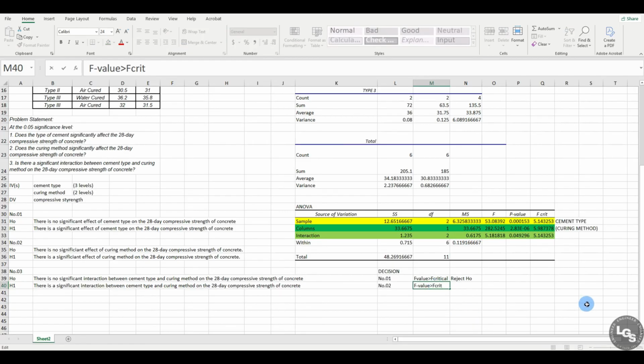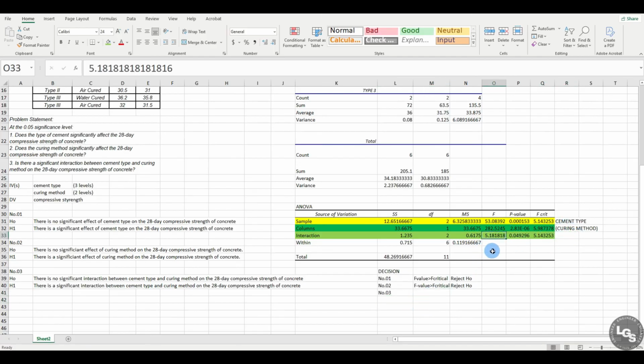So again, we reject the H0. Also, using the p-value for the columns, that is 2.83 times 10 raised to negative 6, which is less than the alpha 0.05, so we also reject the H0. So the same decision.